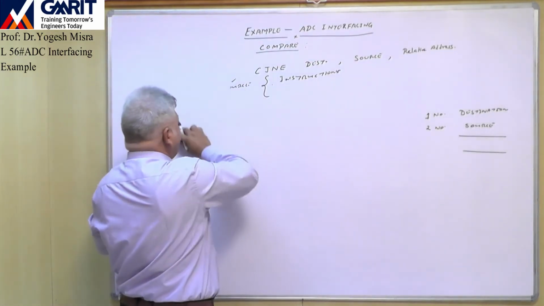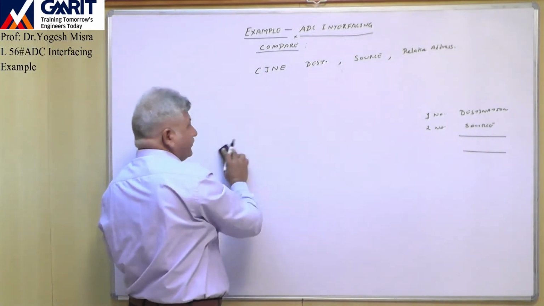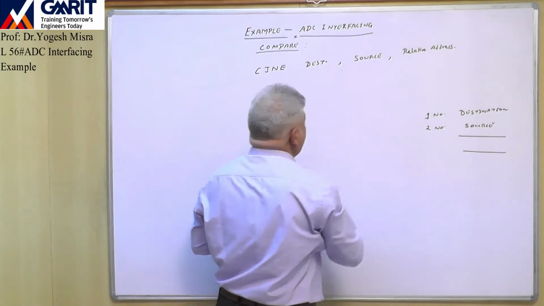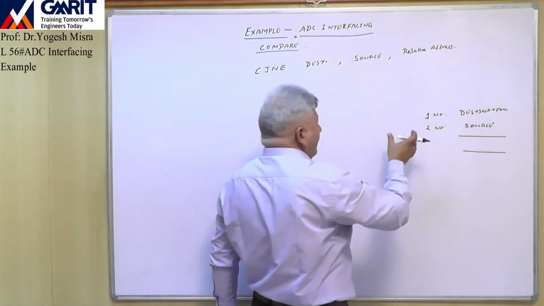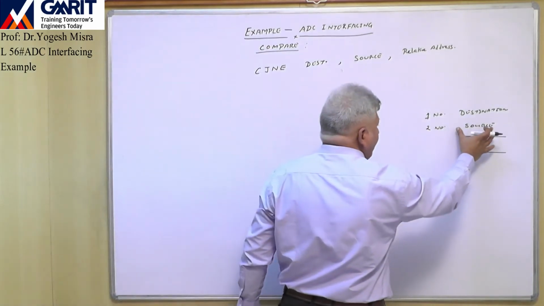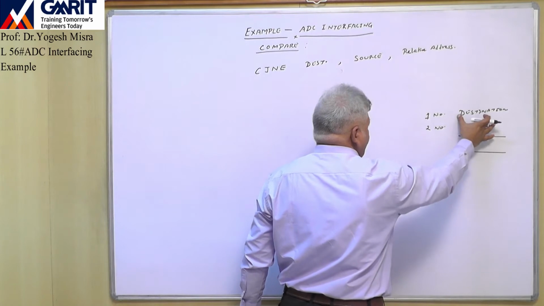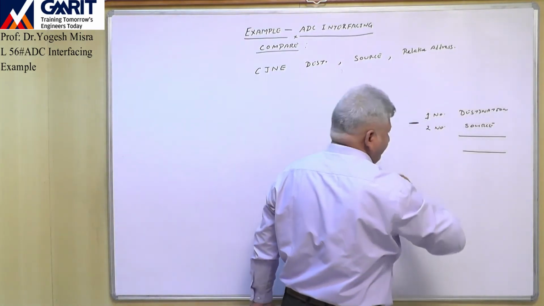So now, basically what this instruction will do is subtract the value of source from destination. Basically this subtraction operation will be performed.